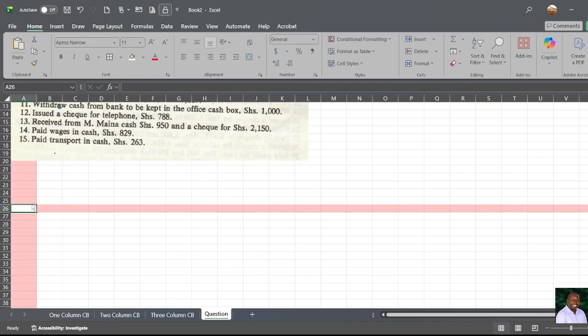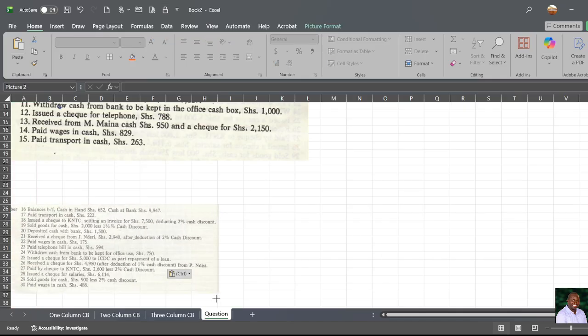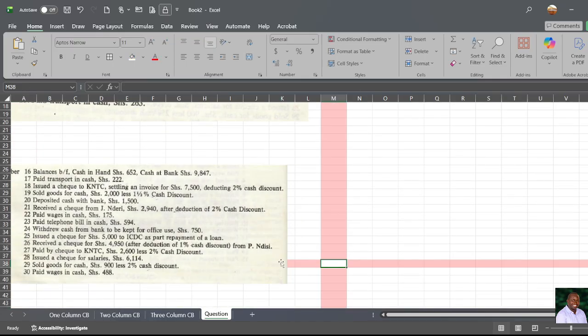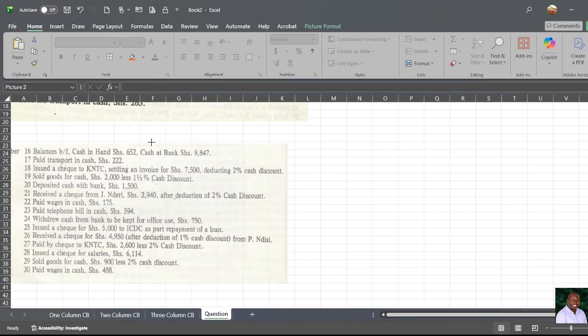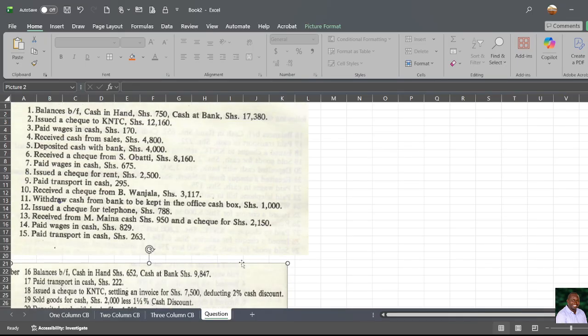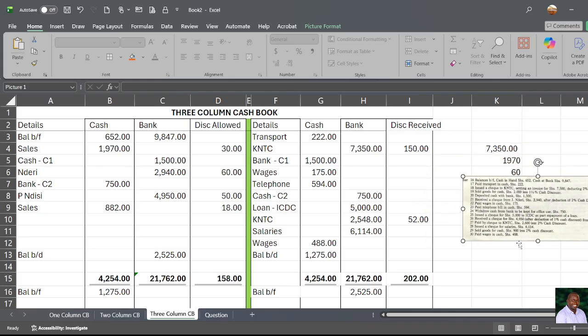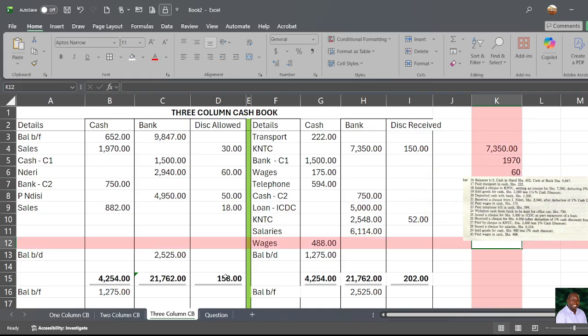I'll be sharing this file with you, the Excel file with the easy questions, so that you can see them, but meanwhile you can still follow along and write them down. So this is how we worked it out to get our figures in the cash book.